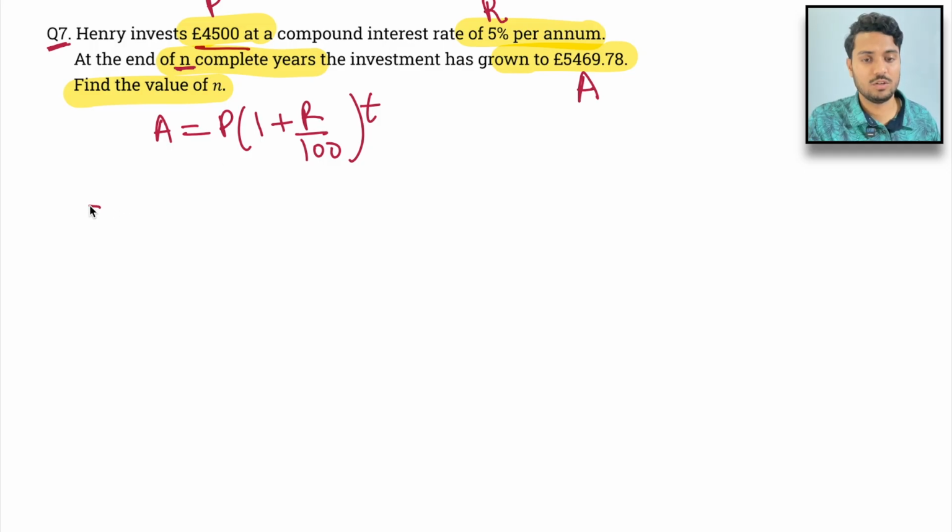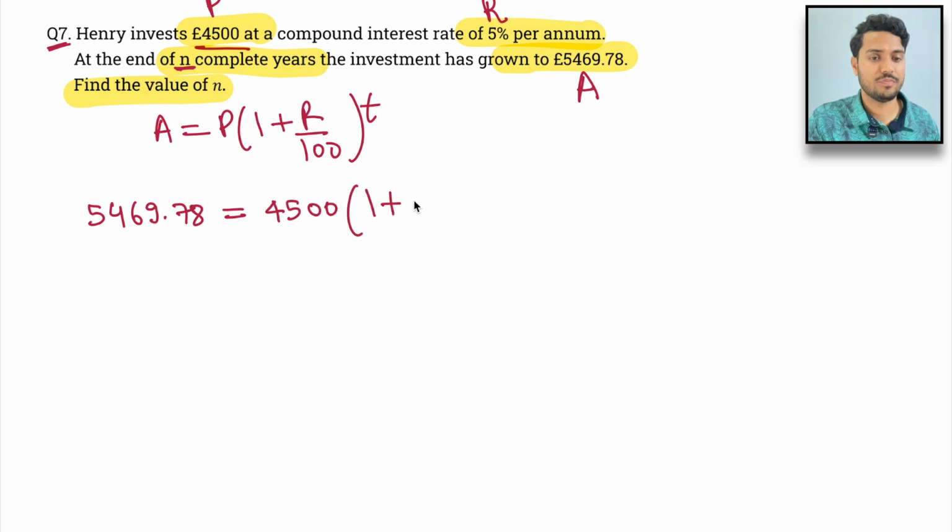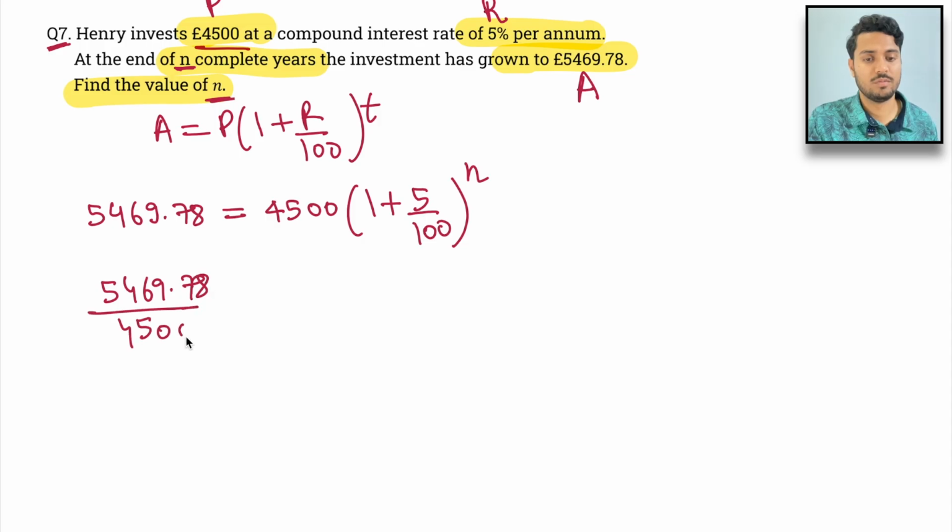So let's substitute all the values. We have 5469.78, which is equal to 4500 (1 plus R, that is 5 upon 100) raised to T, which is n given to us, and we have to find the value of n. So let's divide 5469.78 by 4500.